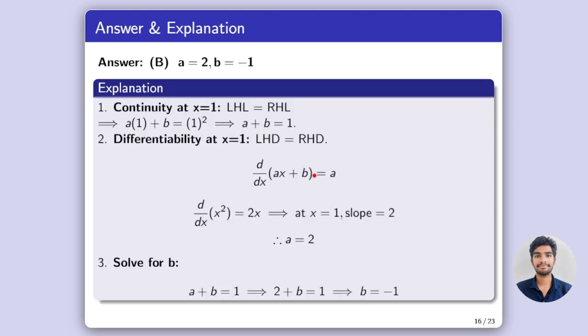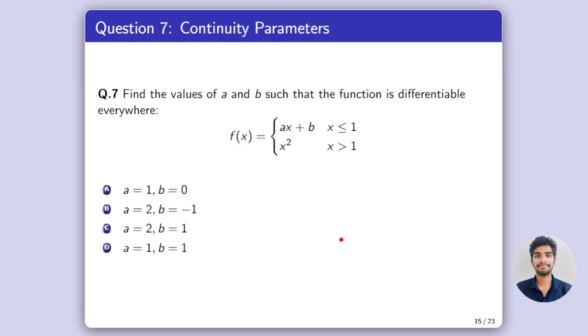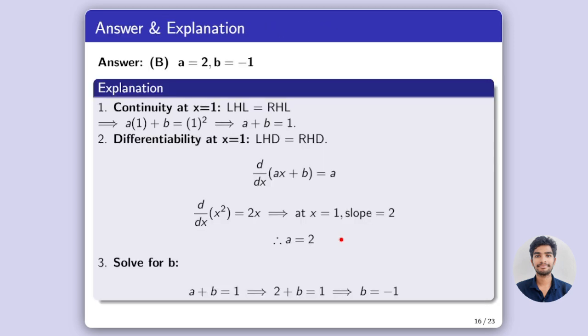Here observe that he applied differentiation for ax plus b, then he got a. Then he applied differentiation for x square, then he got 2. It means he got the value 2. After differentiating at x equal to 1, he got the value 2.